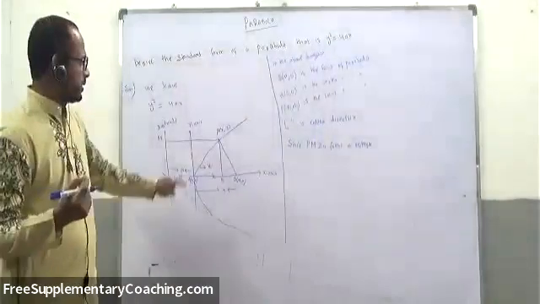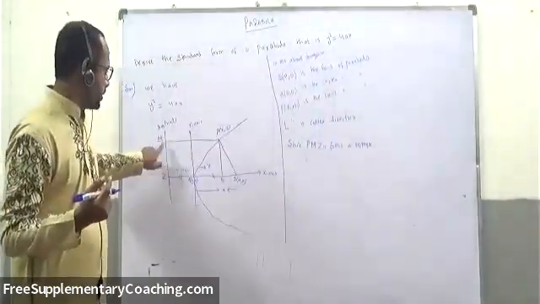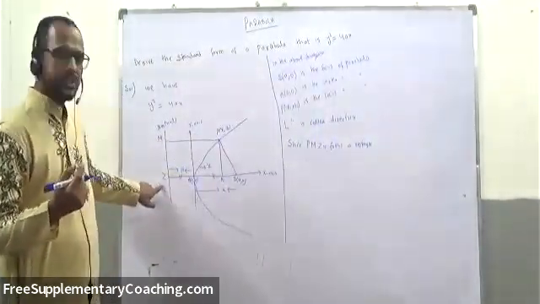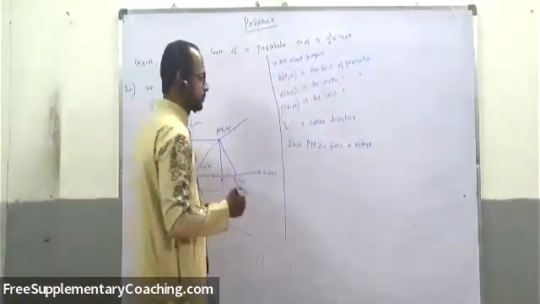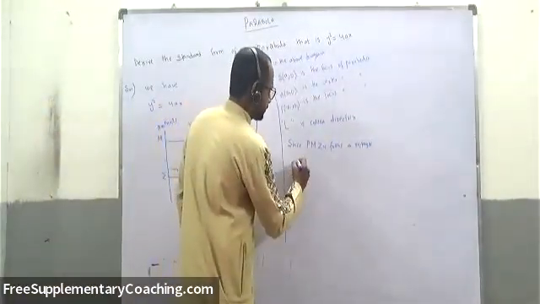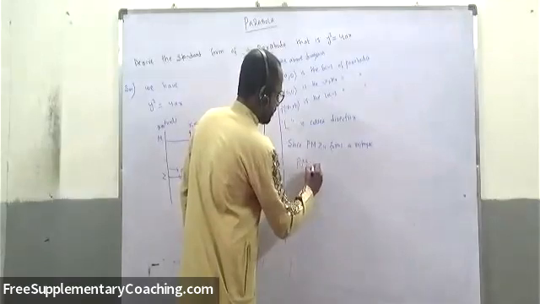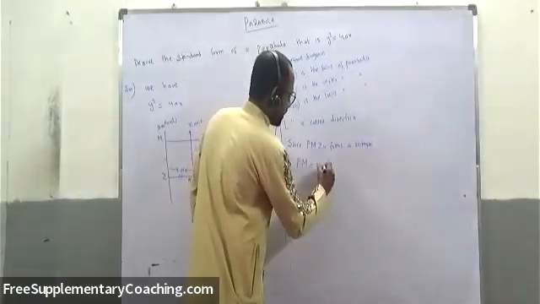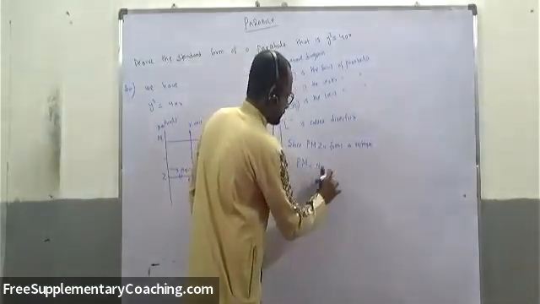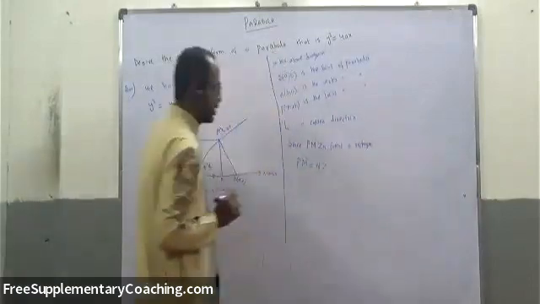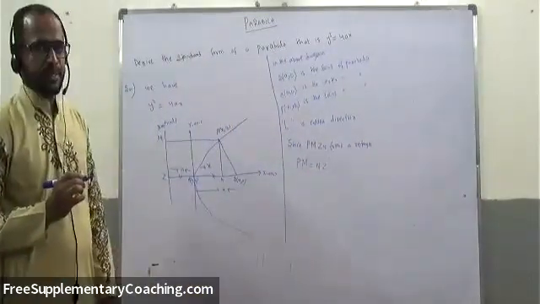So I can write PM is equal to NZ. PM is equal to NZ.